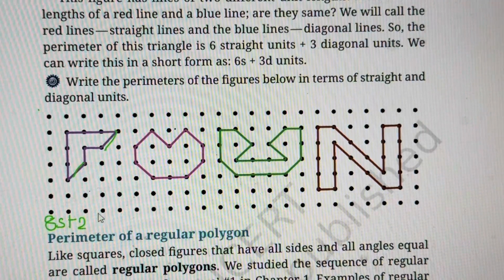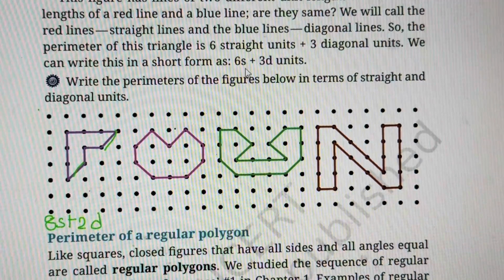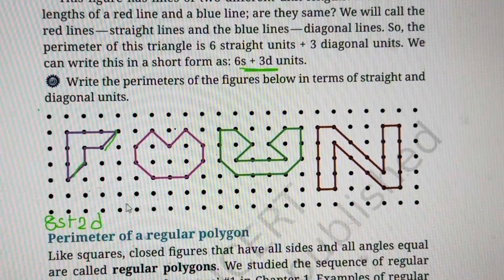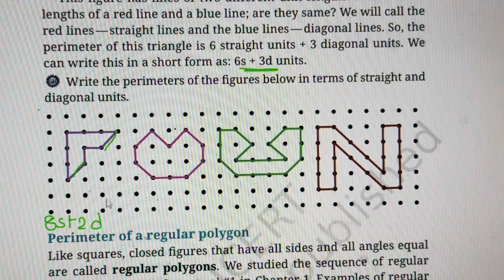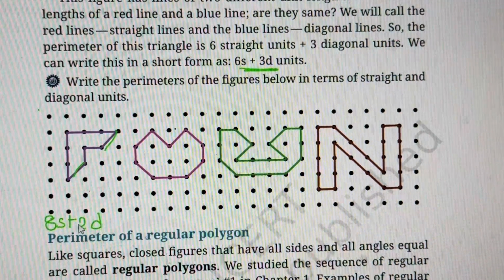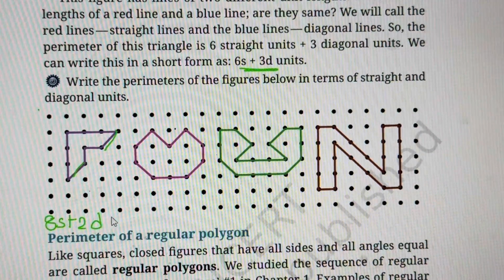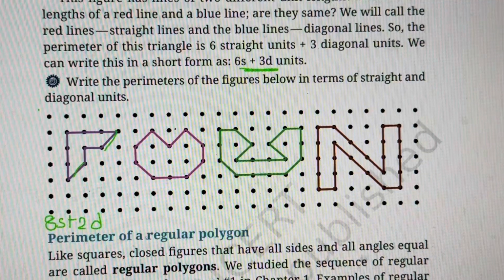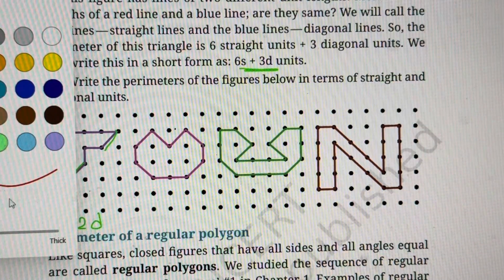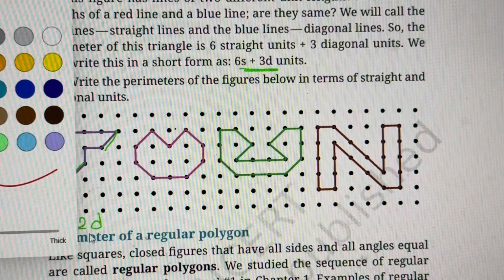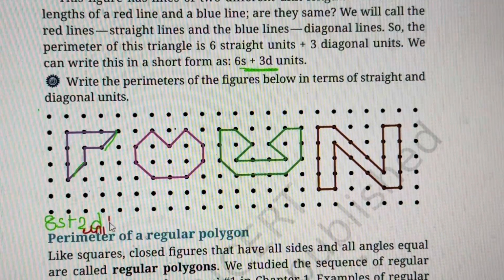So 2d. 8s plus 2d. We need to write this kind of formula for all of them. And don't forget to write units. Whatever the unit is. In this case, we are just writing units because we don't know whether it is centimeter, meter, whatever. Okay. So I'm writing units over here.